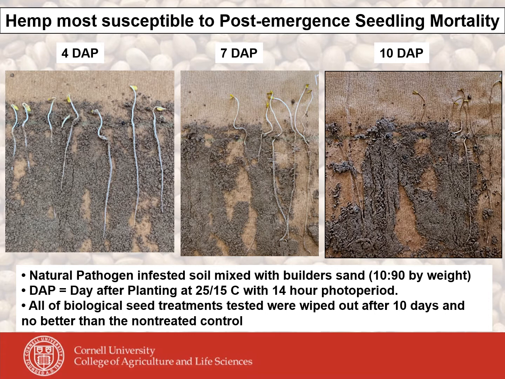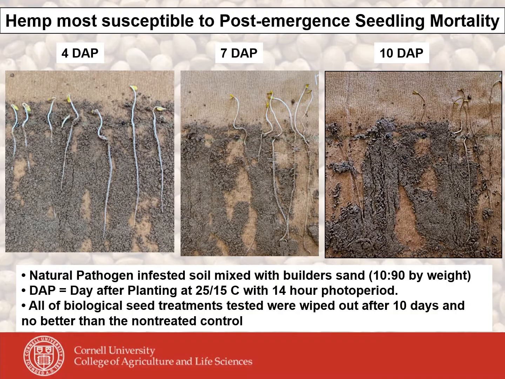After 7 days, many of the seedlings have died or are dying, and by 10 days, non-treated seeds are killed. So this is a way that we can use a laboratory screening method, taking advantage of a naturally pathogen-infested soil, to test these seed treatments before we actually go to the field.